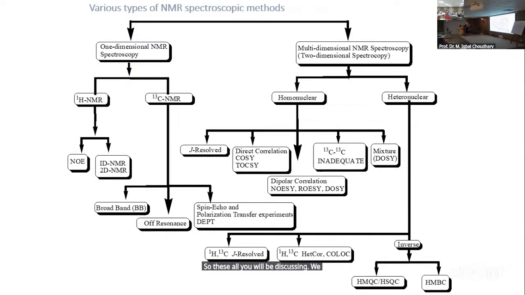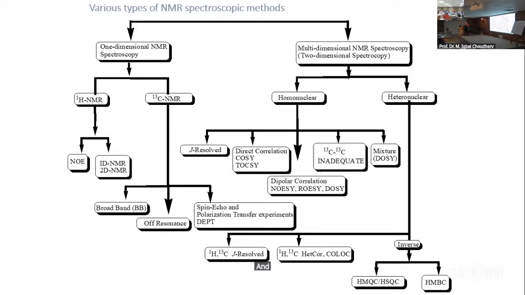The theory will cover the spin echo experiment and polarization transfer experiments. Nowadays almost every experiment has polarization transfer, and Dr. Iqbal will teach you the concept of polarization transfer, because it increases the sensitivity of carbon.